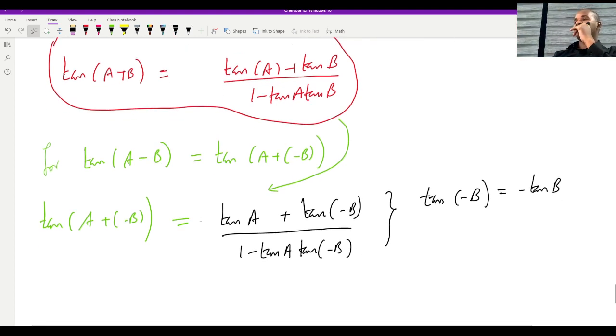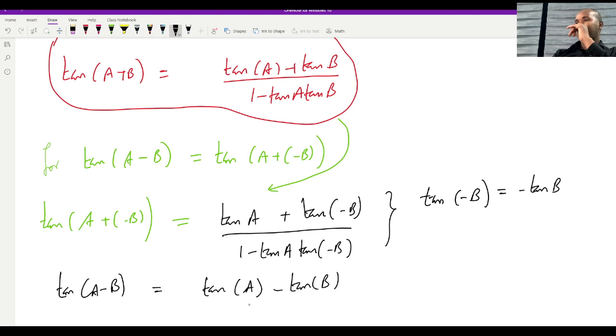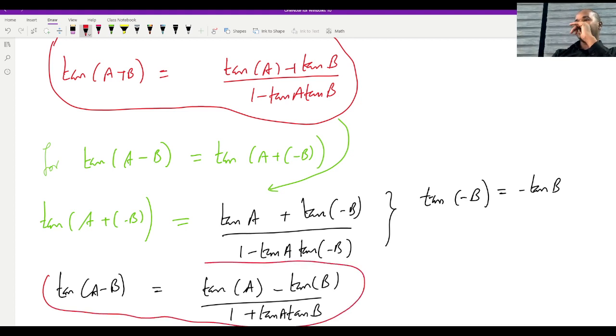From this, we can easily see that tan(A − B) is equal to tan A minus tan B divided by 1 plus tan A tan B. So that is the formula for tan(A − B), dear students.